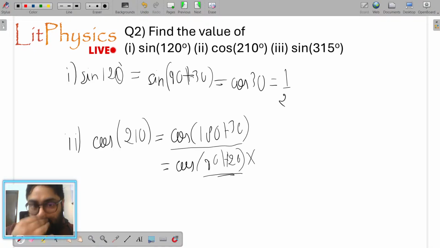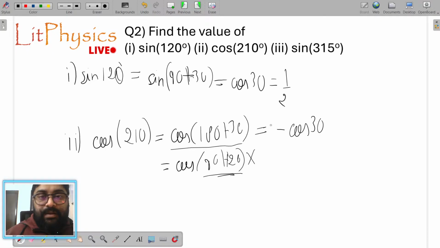We are in the third quadrant, and it's 180, so we don't have to change cos into sine. In the third quadrant, tan is positive, so cos is not positive, therefore we get minus cos 30. One step and you are done. You don't need any formula. Then we use the table: cos 30 is root 3 by 2, so minus cos 30 becomes minus root 3 by 2.